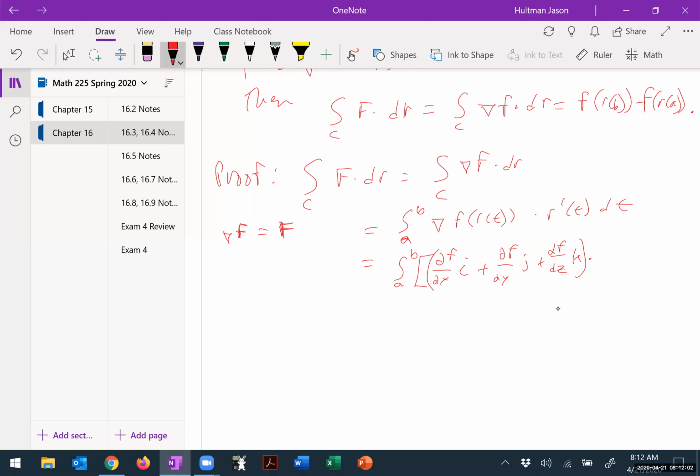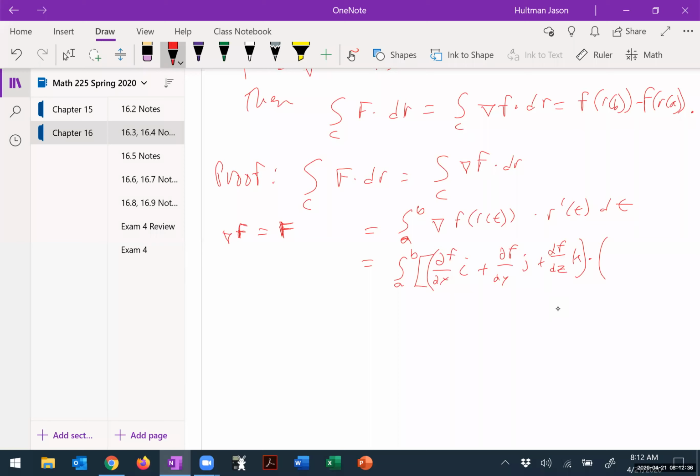Let's just look at the derivative and put this in derivative notation, Leibniz notation. So again, r of t is a vector valued function, so it is a vector. The original capital F here is a force field. We're saying that we're going to allow capital F to be a gradient function.